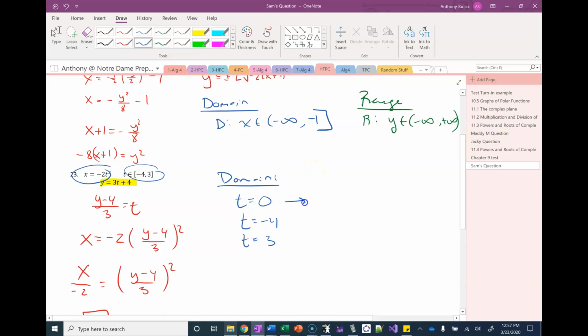When I plug 0 in for t, I get 0. When I plug negative 4 in for t, I get 16 times negative 2, so it's negative 32. When I plug 3 in for t, I get 9 times negative 2, negative 18. So I want the biggest and smallest from that list, so those two. So x is on the interval from negative 32 to 0.